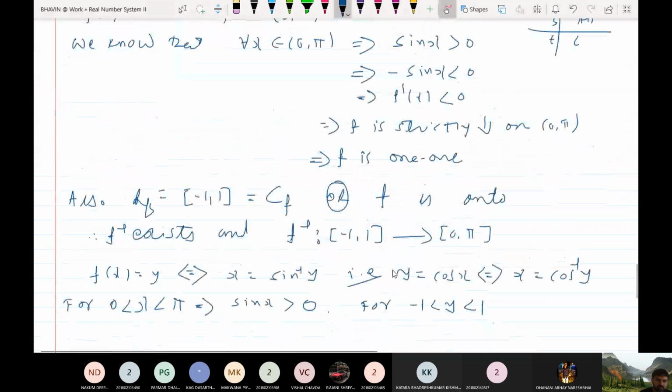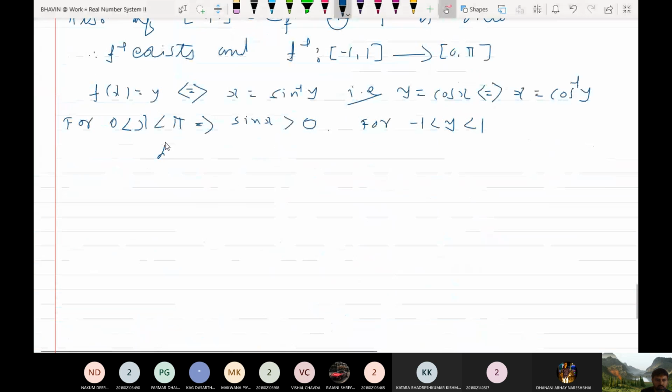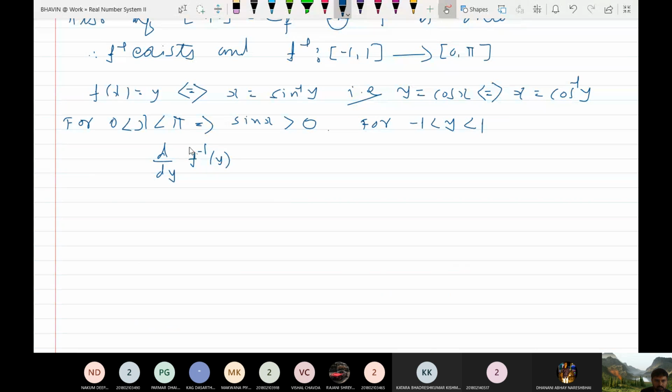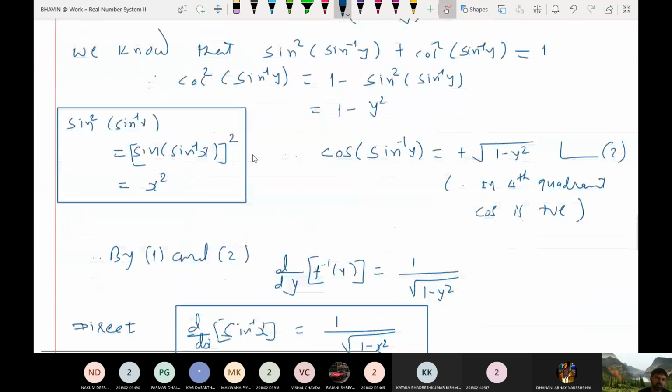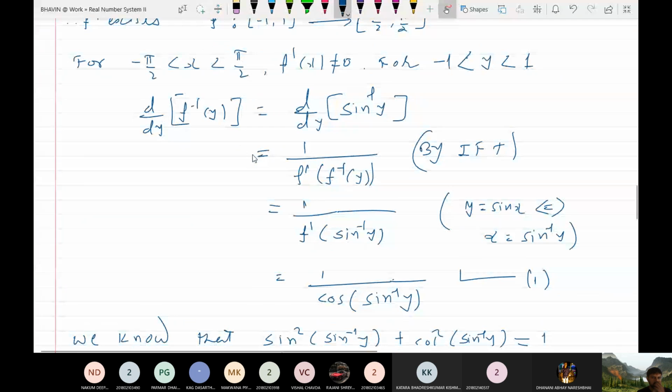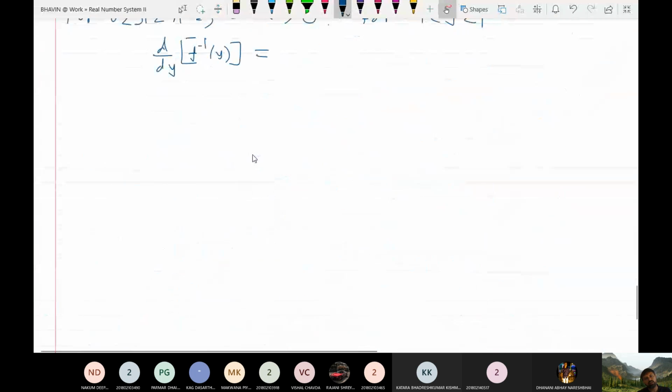We are looking for d by dy of f inverse y. So what is d by dy of f inverse y? f inverse y is nothing but here cos inverse y.